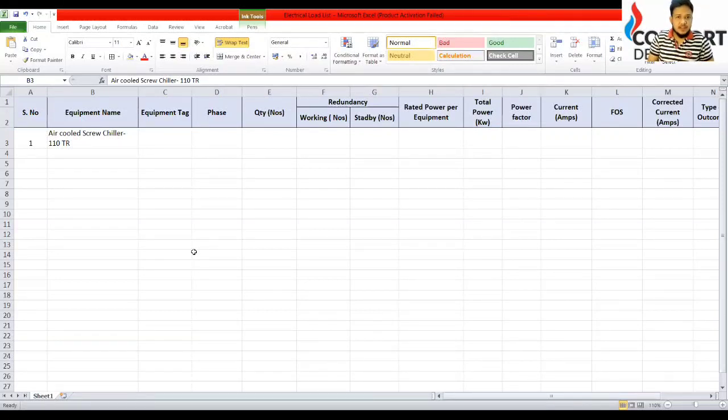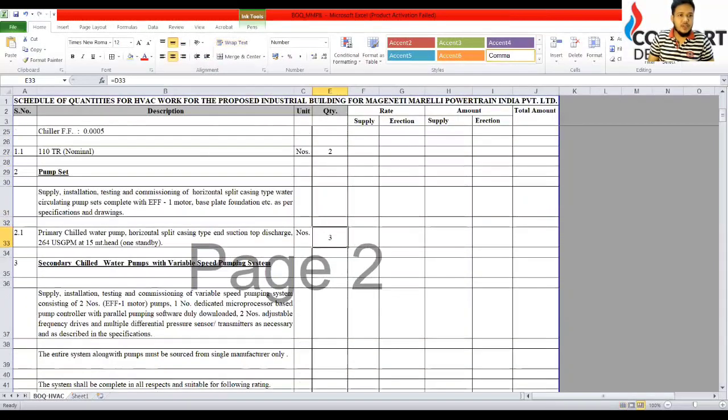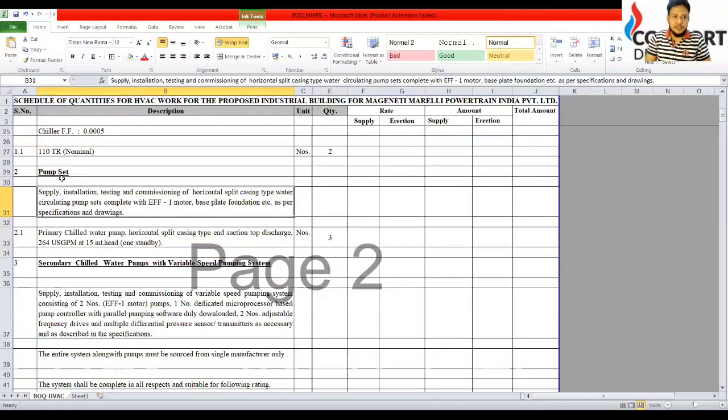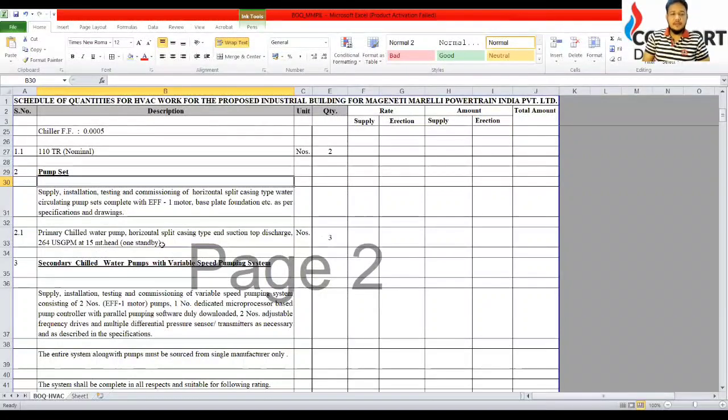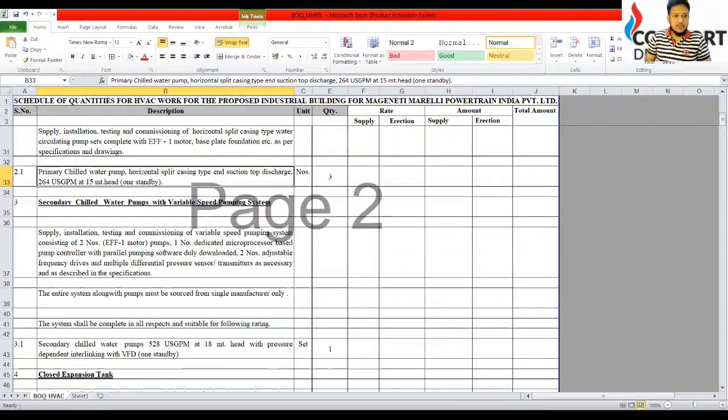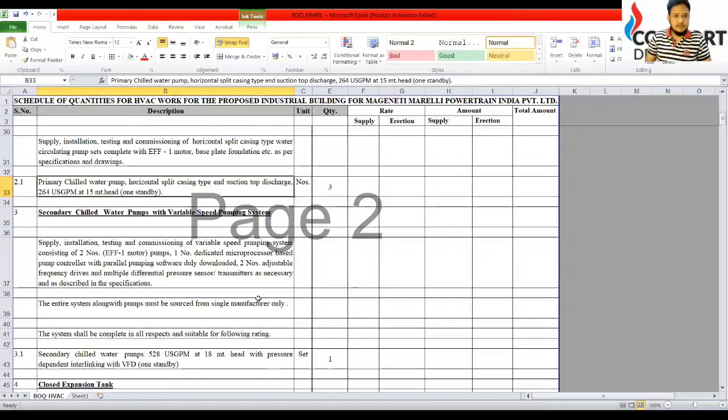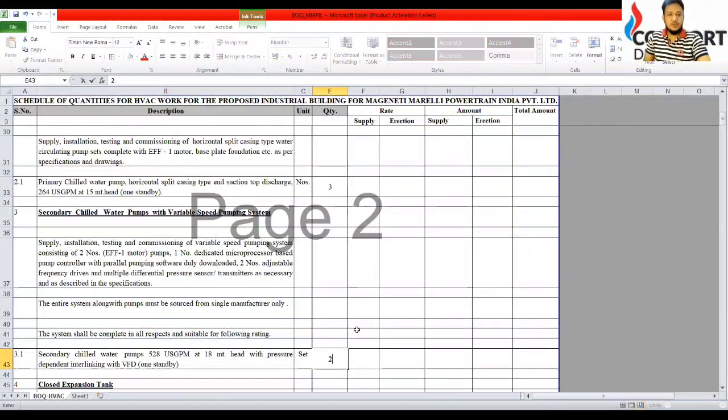So here it is 3 numbers, 2 working. As you can see here, for the pumping system, we have a primary pump, which is 3 numbers, and here it is 1 standby, and here it is secondary pump. It will be 2 because 1 standby will be there.